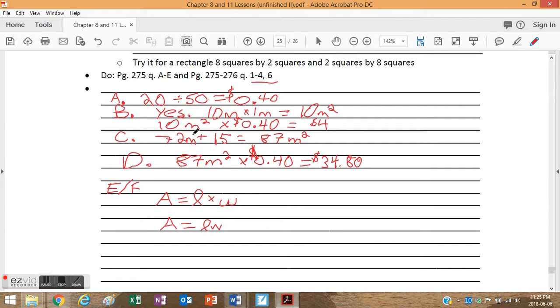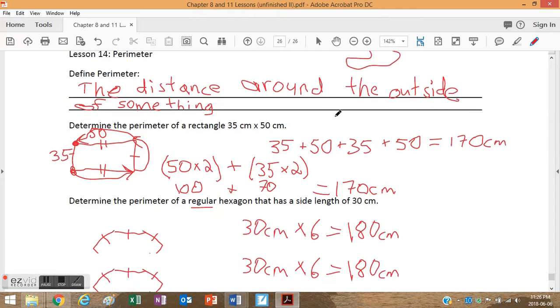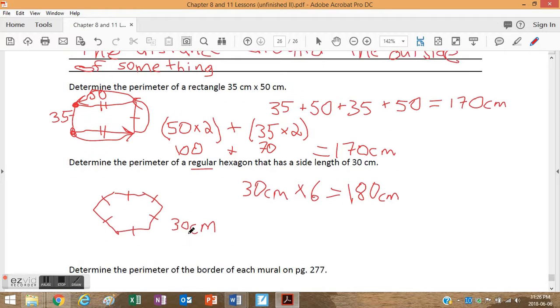This should have actually been meters squared here plus meters squared. When we do the work, we're multiplying meters by meters. That gives us meters squared as our units. When we're here, we're just adding centimeters, or multiplying centimeters or meters or whatever our unit of length is, by the number of sides that have that same length.